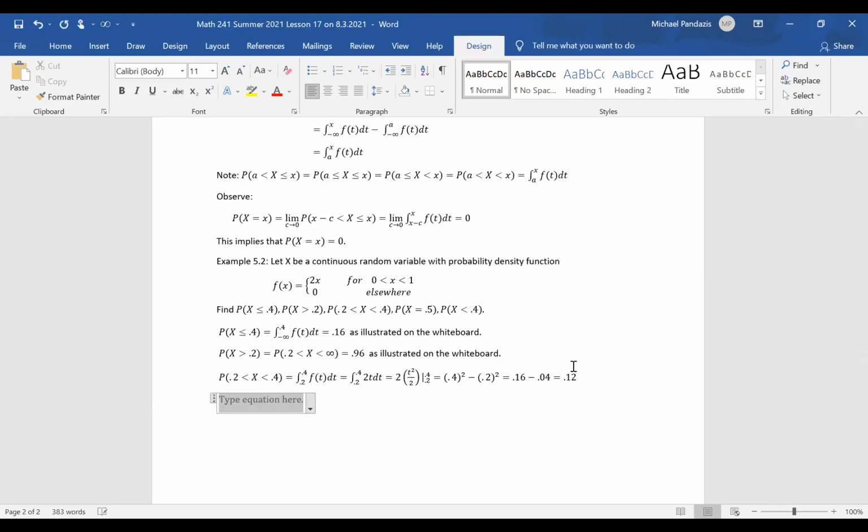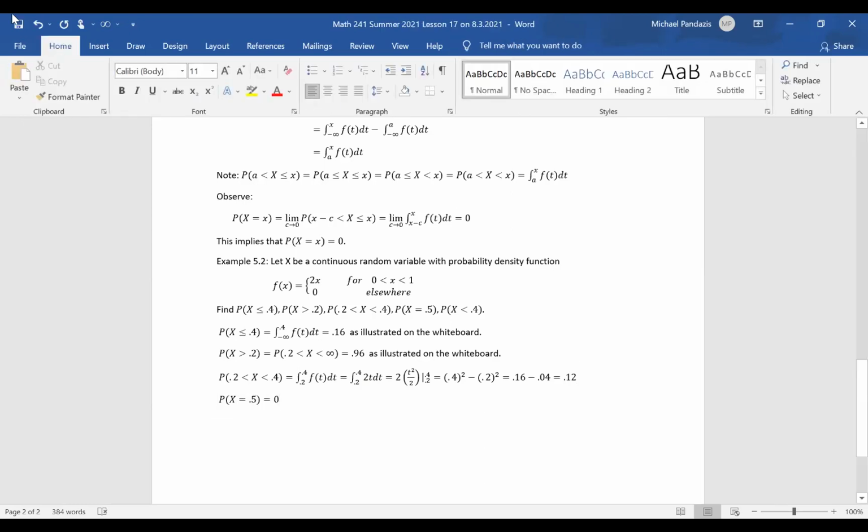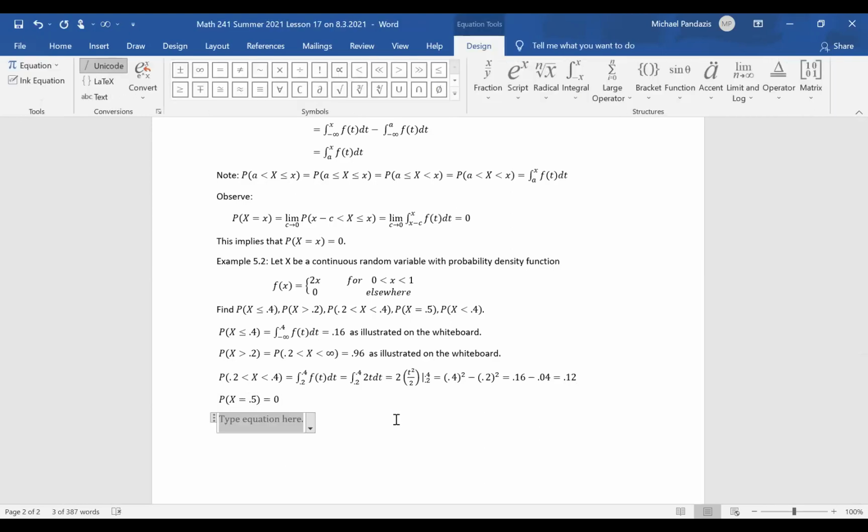And so now the probability that capital X is equal to a fixed value 0.5 is equal to 0, because for a continuous random variable the probability of it taking any fixed value is 0. The probability that capital X is less than 0.4 is equal to, so just like before, saying it's strictly less than 0.4 doesn't change anything. It's the same as the probability of X less or equal to 0.4, right?